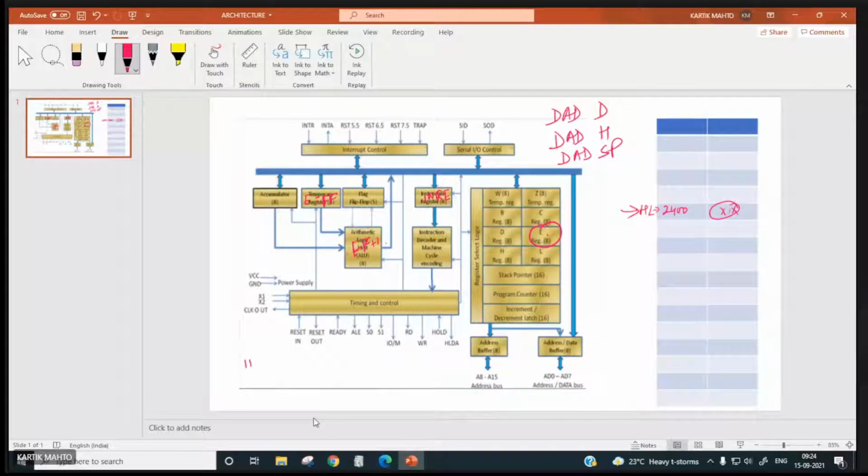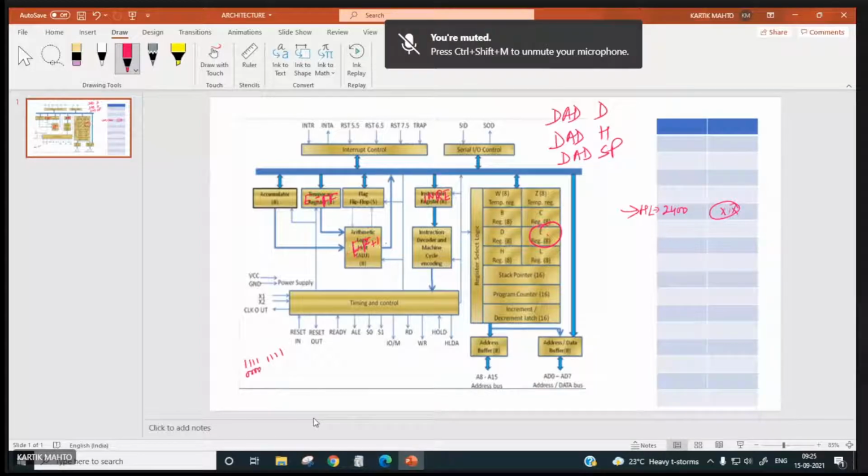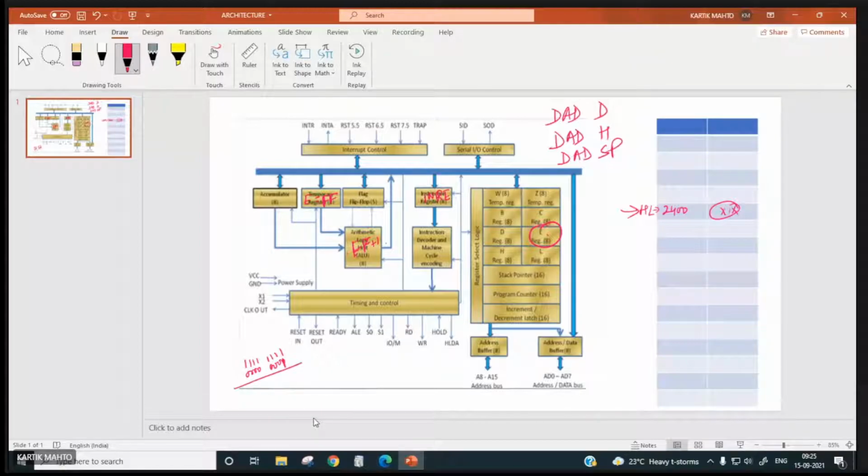FF plus 1. Sir, 1000. Huh? 100, sir. 1 0 0 0 0 0 0 0. So it will be 1 0 0. So logically in this case, the carry flag has to be set to 1.